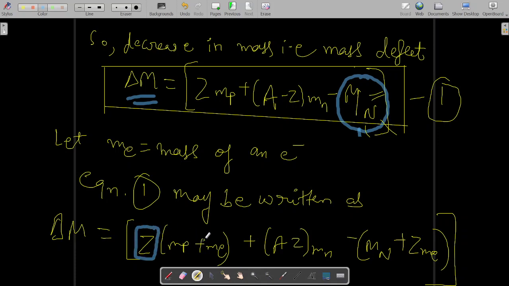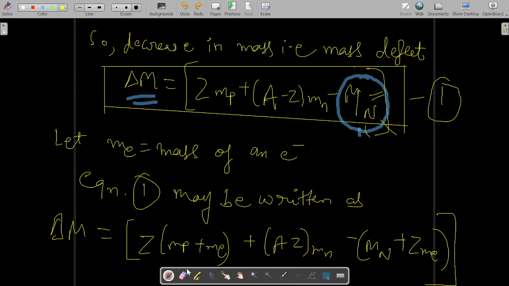You have added this term, and you have subtracted this term. Adding and subtracting the same term makes no difference to the equation. So ultimately the equation has remained the same.